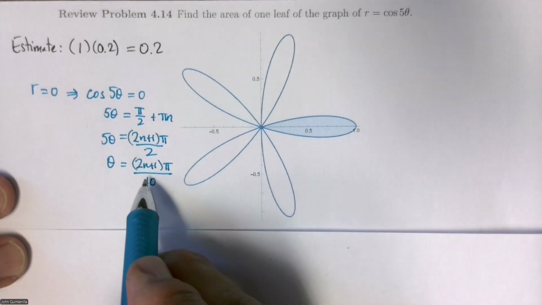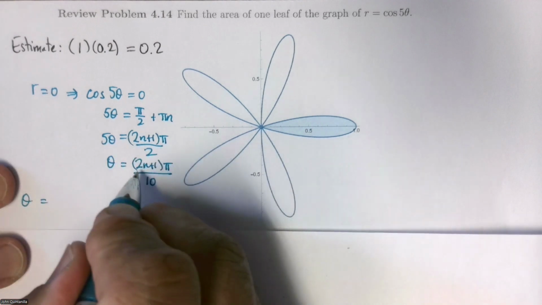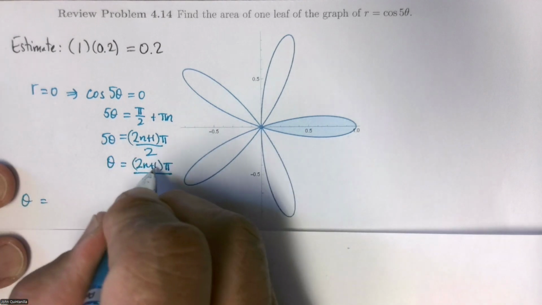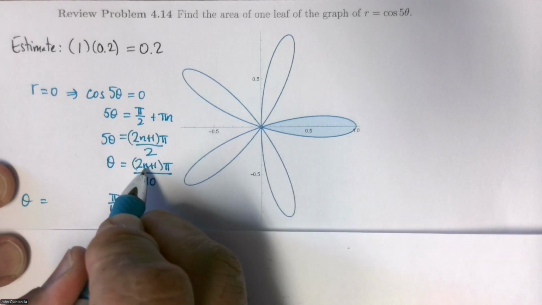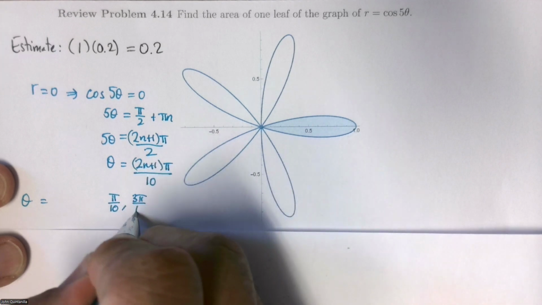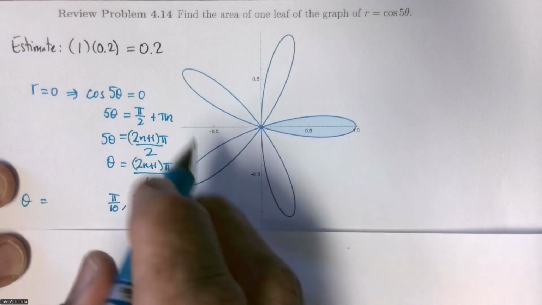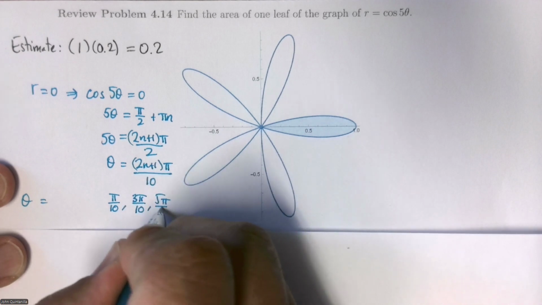Plugging in, if I let n equal 0, I would get pi over 10. If I let n equal 1, I would get 2 plus 1, 3 pi over 10. If I let n equal 2, I get 5 pi over 10, which is a half pi.